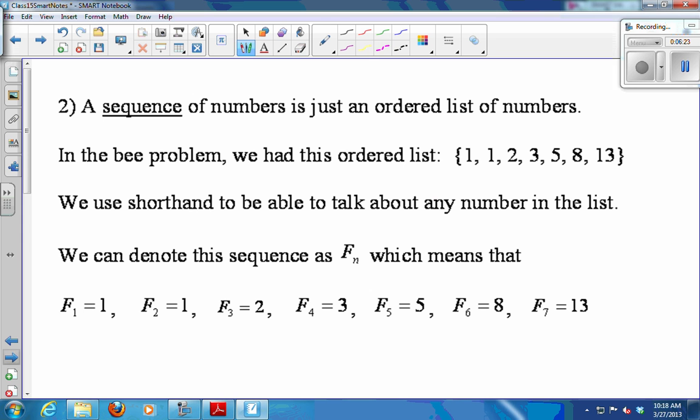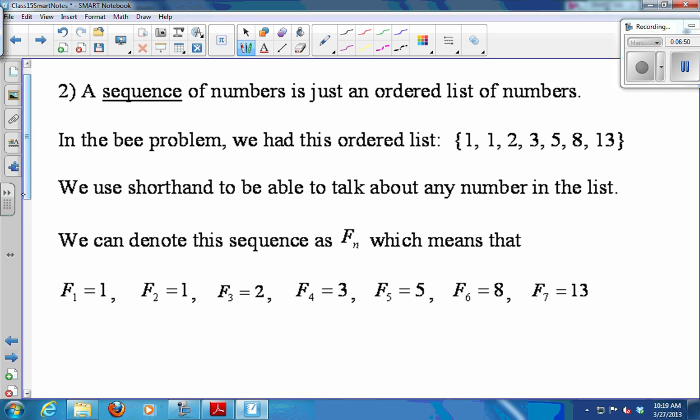So remember, a sequence is just an ordered list of numbers. In the B problem, this is our list, 1, 1, 2, 3, 5, 8, 13. We use our shorthand notation that we developed last class to talk about any number in the list. So we're going to denote this sequence as F sub n. F because these are known as the Fibonacci numbers.